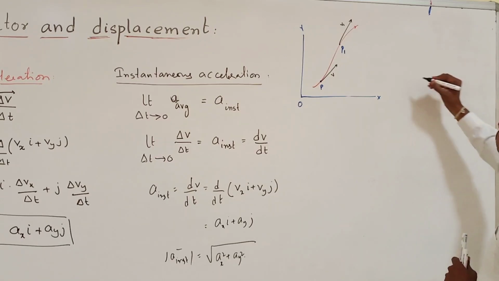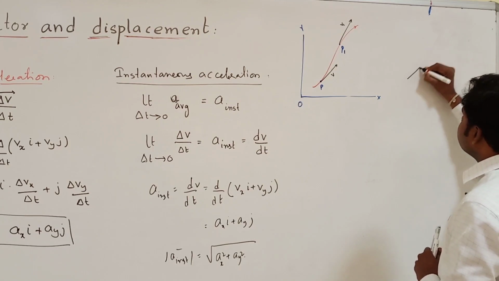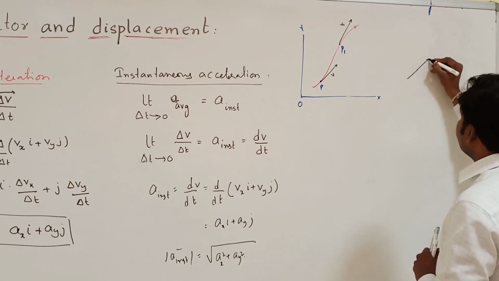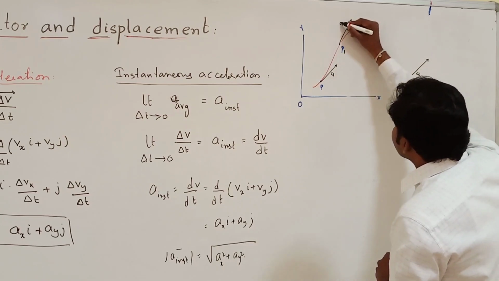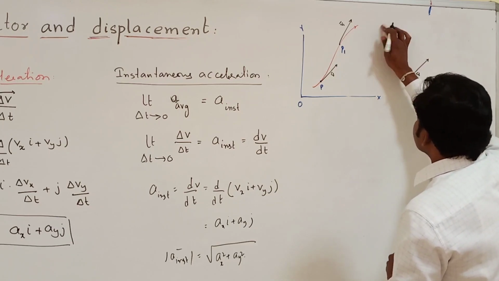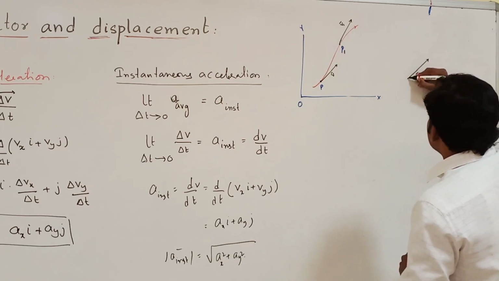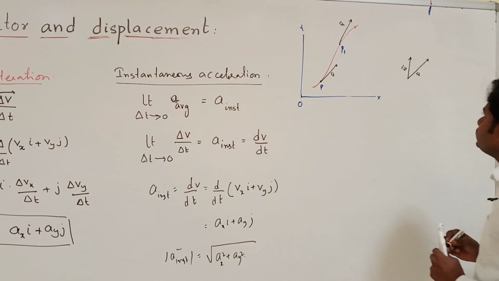Just extracting it out, this is the V vector and this is the V1 vector, drawn slightly upward.